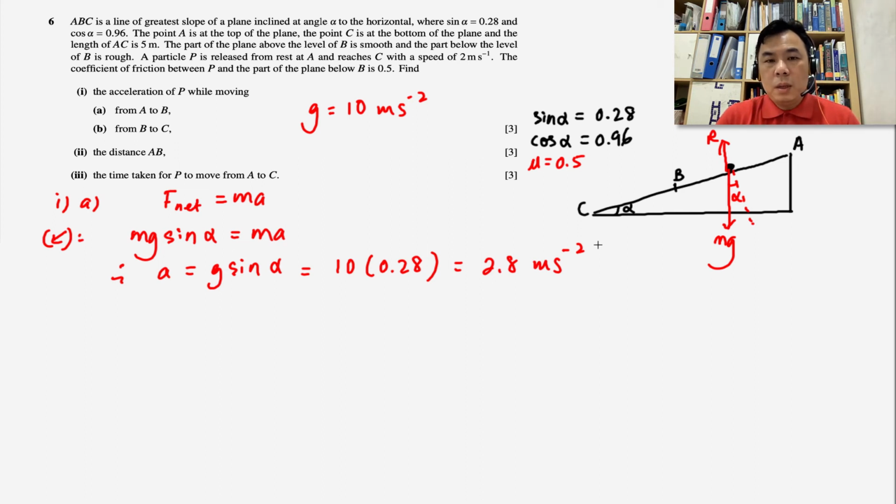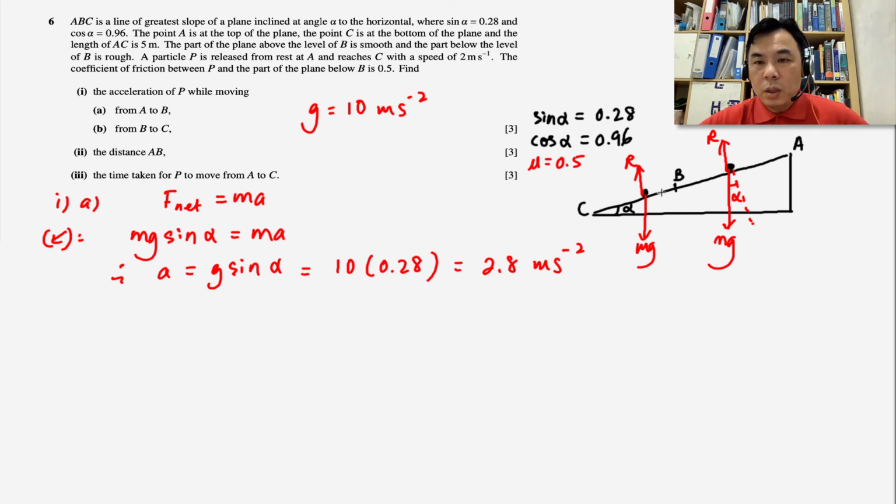I hope that's clear. All right, let's look at section B. We want to find out the acceleration of the particle from B to C. Here, I'm going to redraw the forces acting on the particle. The same thing, we still have the weight component and the reaction force. But for this surface between B and C, there is a friction.